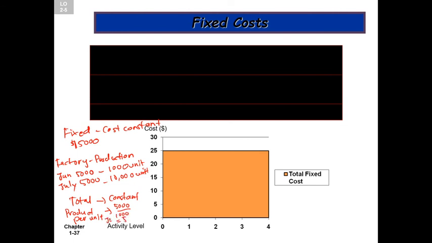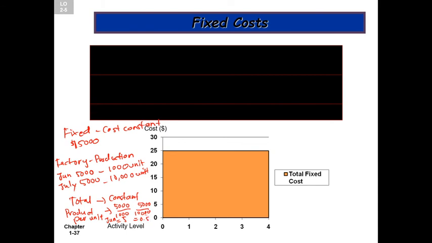In July, 5,000 divided by 10,000 is 50 cents.